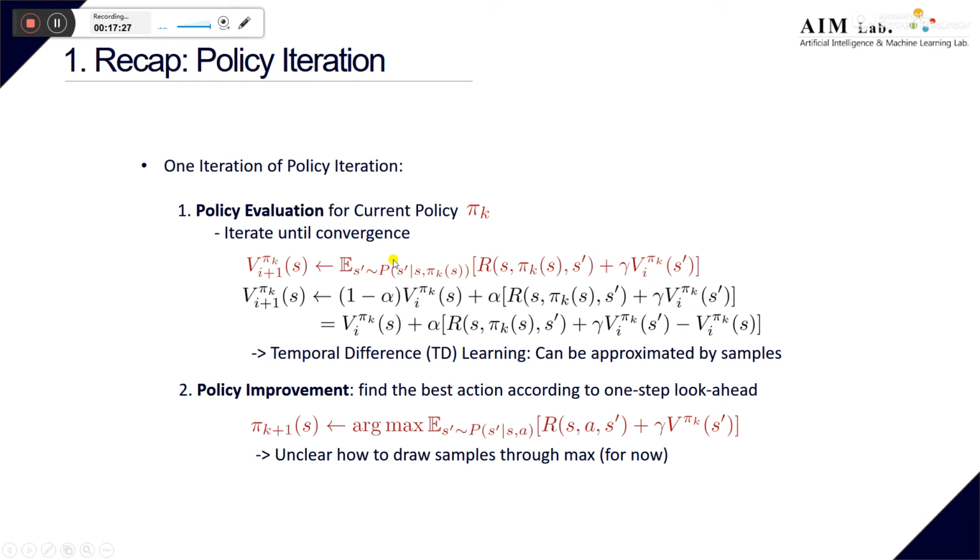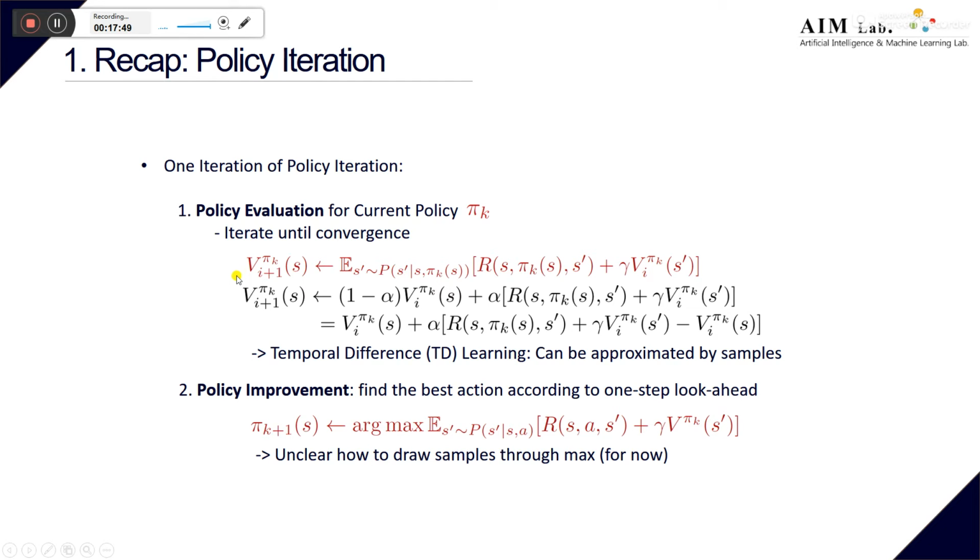We can use the same strategy to draw samples from the transition function as we did in Q-learning. So instead of the expectation, we can sample the state. This method is called TD learning, or temporal difference learning.